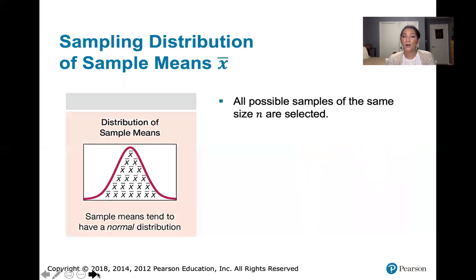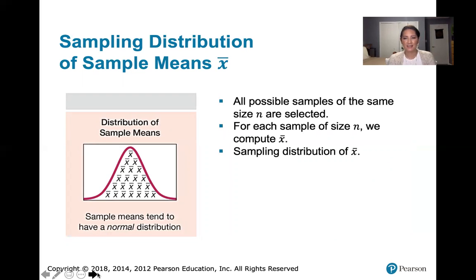So again, all possible samples of the same size n are selected. For each of those samples, we're computing an x bar, our sample mean, and then the distribution of the sample means is this. It turns out that the mean of the sample means is equal to the true population mean that we're trying to estimate.